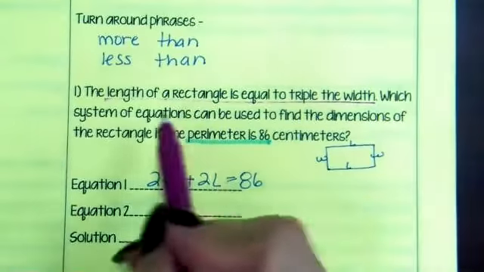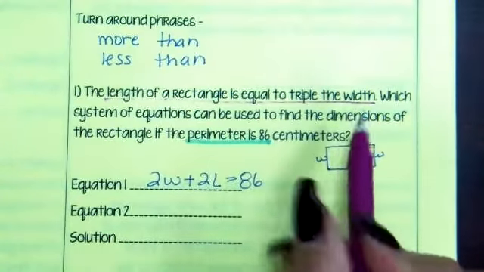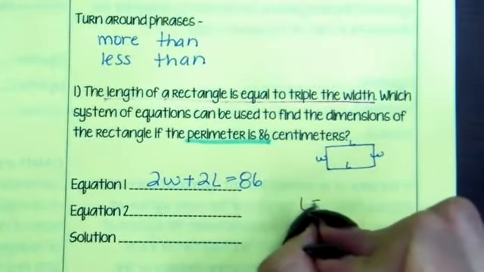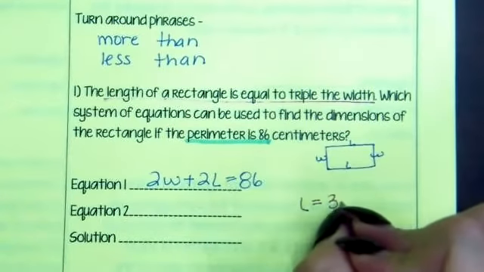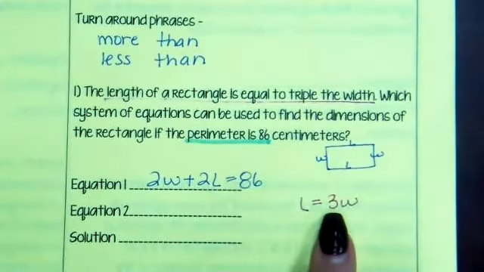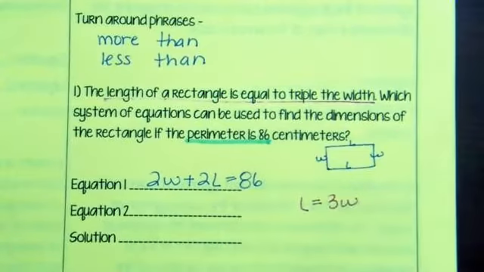The second equation says the length of the rectangle is equal to triple the width. The length is equal to triple the width. Well, remember that we could leave it like that because that is an equation, because it has an equal sign, or we could turn it into a matrix.